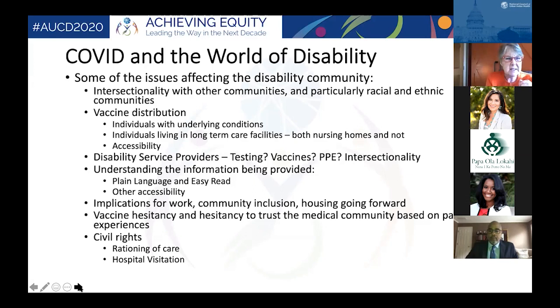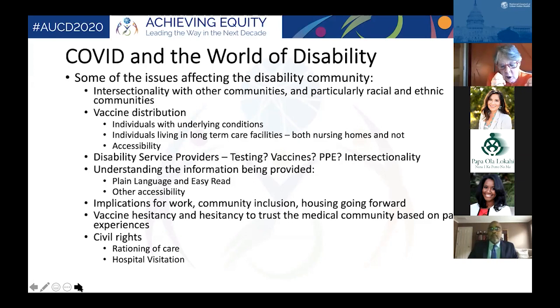Another issue we've been looking at is disability service providers, and I want to raise that here for sure. These are generally paid, like personal attendants, caregivers, people who work with people with disabilities to support them so that those people can be in their communities, can go to work, can get on the metro, can go to church, can do whatever those things are that make for community inclusion.